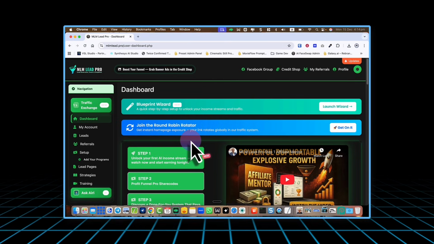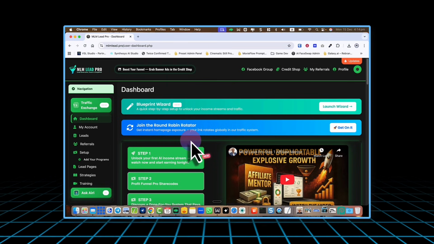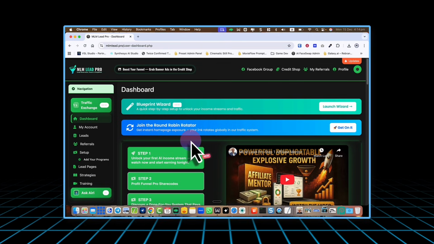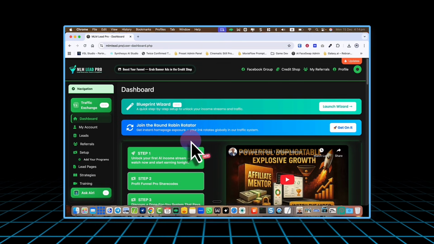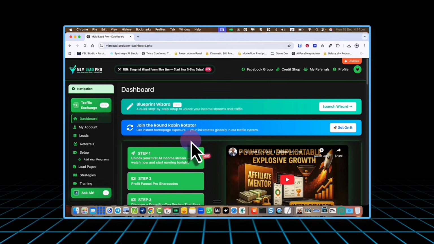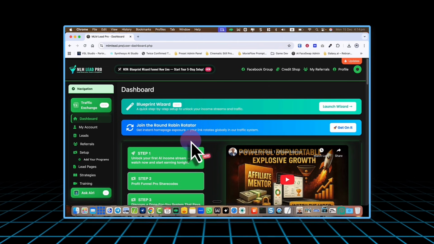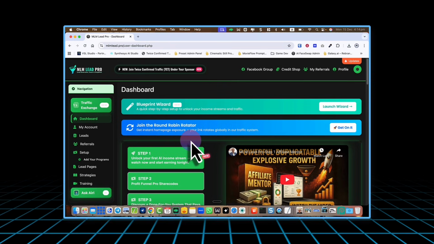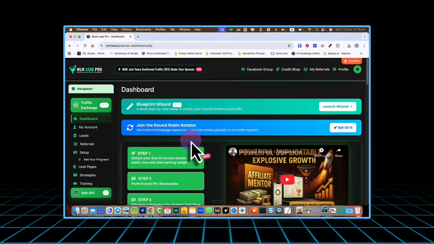But this system is basically for everyone. These are tools that you would normally have to pay a lot of money for elsewhere. You'd be paying monthly for tracking systems like ClickMagick or whatever, and then for autoresponders. Don't forget autoresponder services like Aweber, GetResponse, and the rest of them usually charge you based on the size of your list.